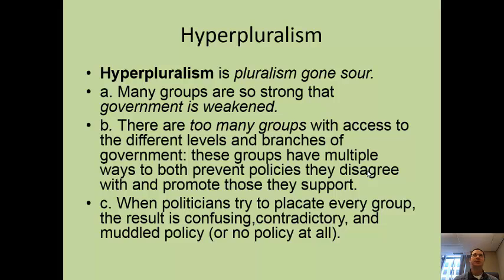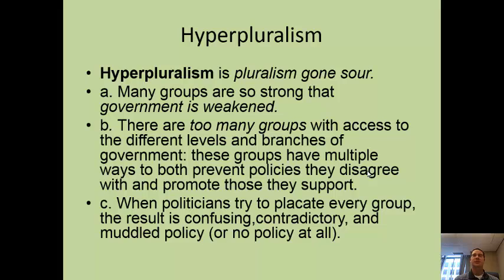So this hyperpluralism sees interest groups as a bad thing because it's weakened government and political parties and things like that to the point that it's segmented the government. And if you have to go through these groups to get a policy done, that's not the way the Constitution was set up, and that's the argument anyway.